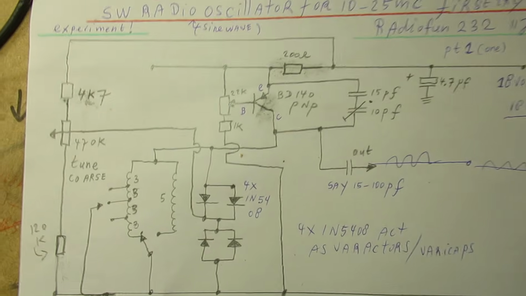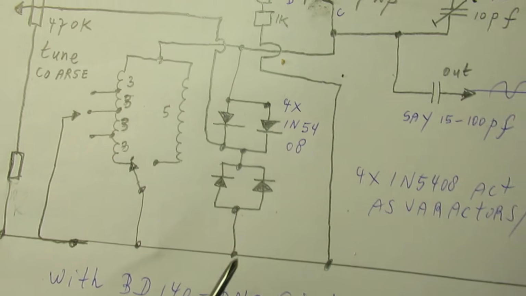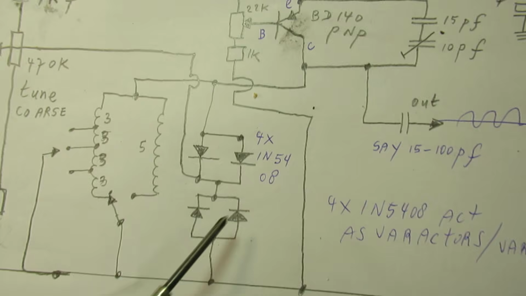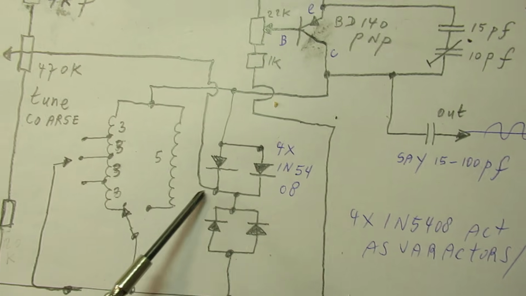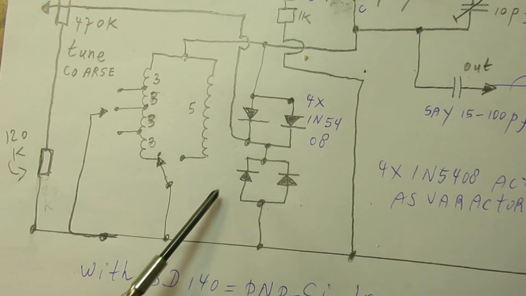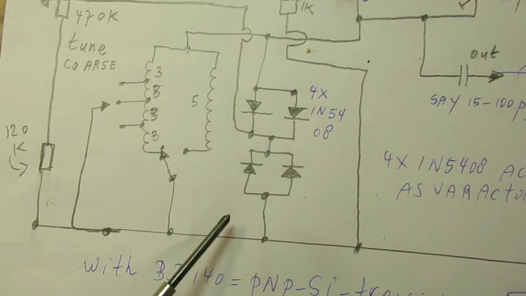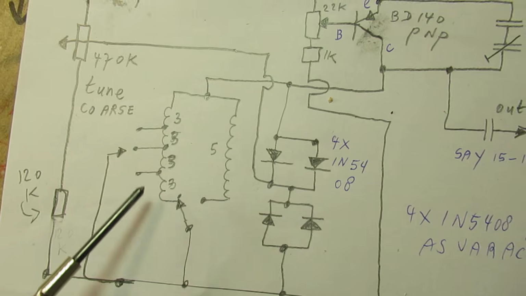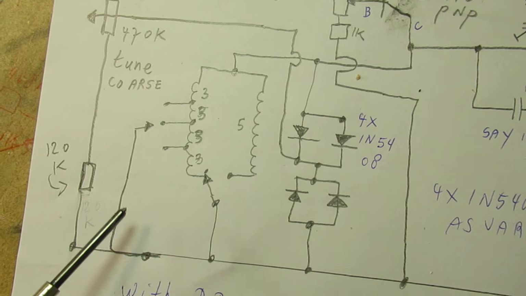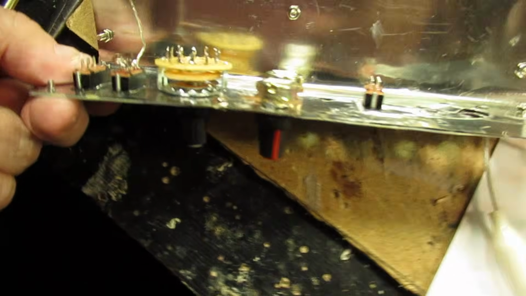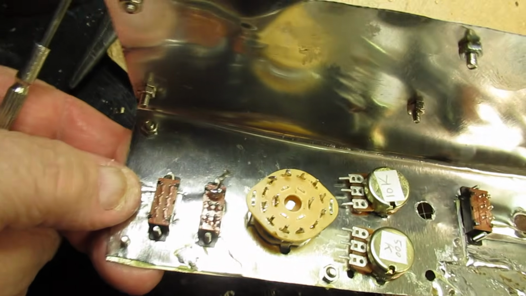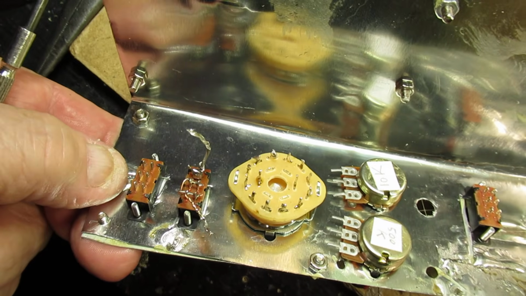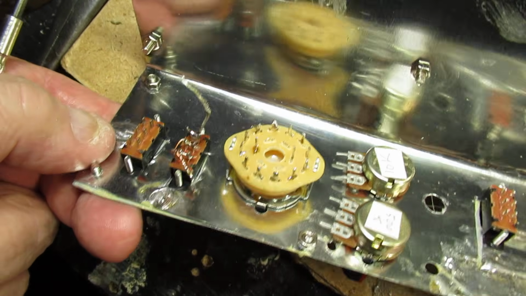Anyway, so here we have the bunch of diodes that function as a varactor, variable capacitor. They parallel the coil here that is responsible for the frequency band, and here is the switch that I'm going to use here as a frequency switch.